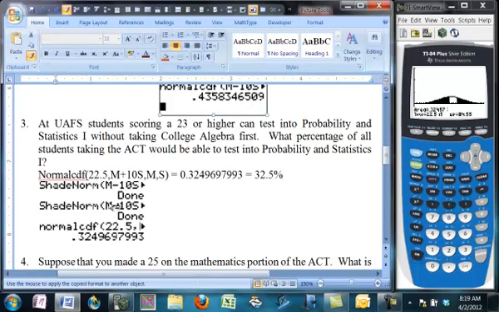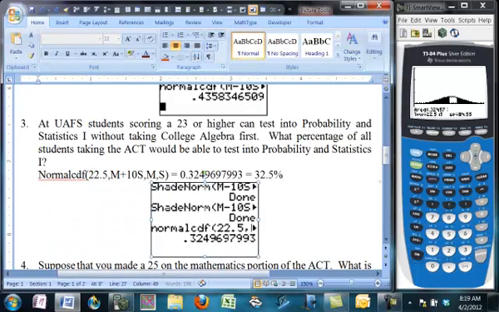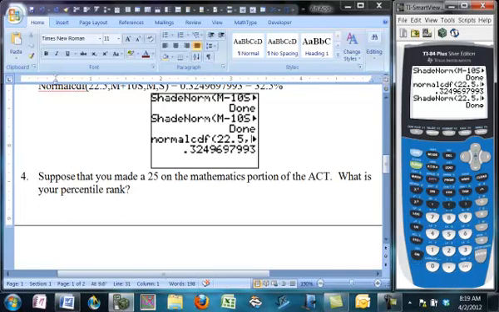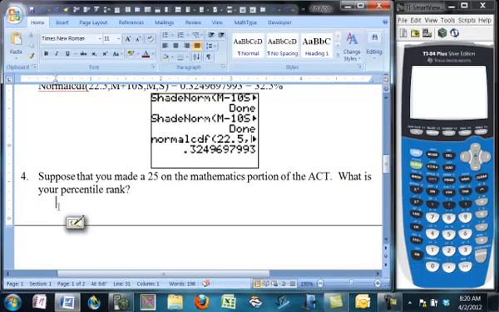Okay, so let's do now an inverse probability. Suppose you made a 25 on the math portion of the ACT. What's your percentile rank? Okay, so this time we're going backwards. This is still a probability. We'll do an inverse probability here in just a minute. This is still a straight probability.